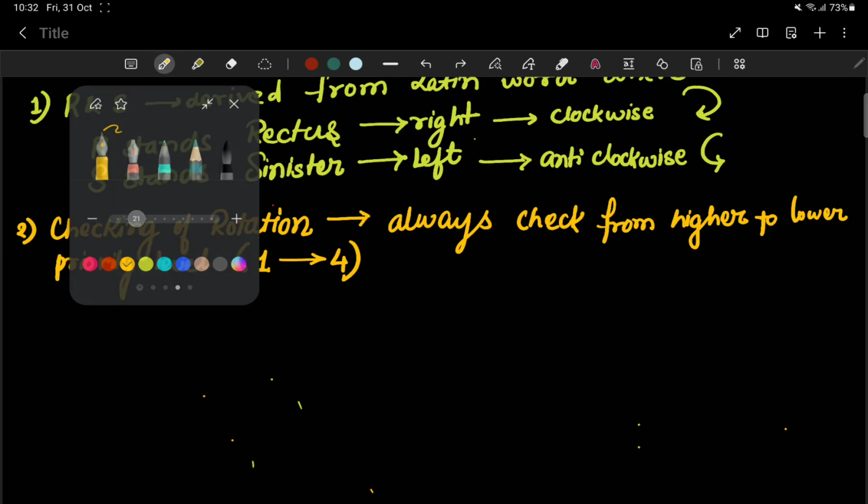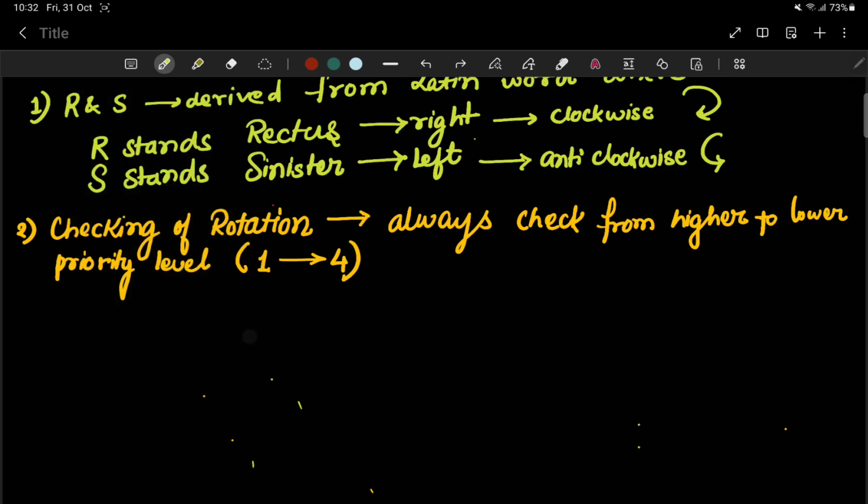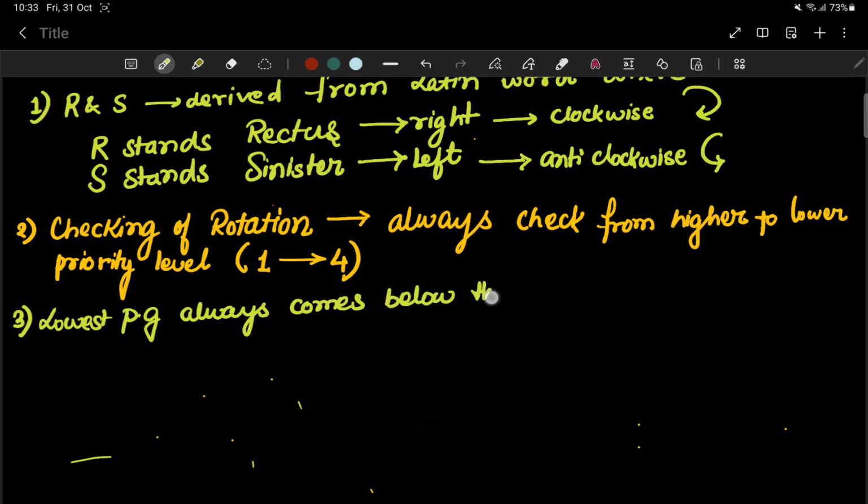I'm writing it under the CIP rule as well. In the third point, I'm writing that the lowest priority group always comes below the plane, that means in vertical position.